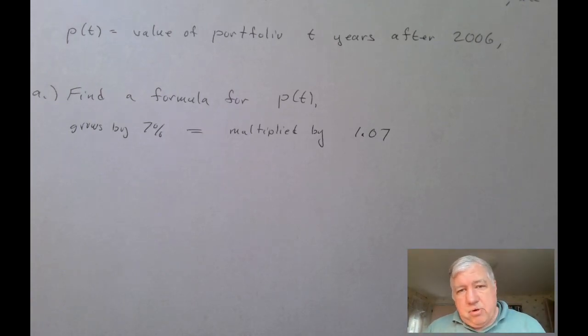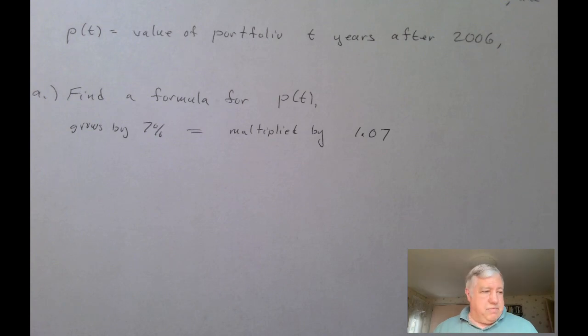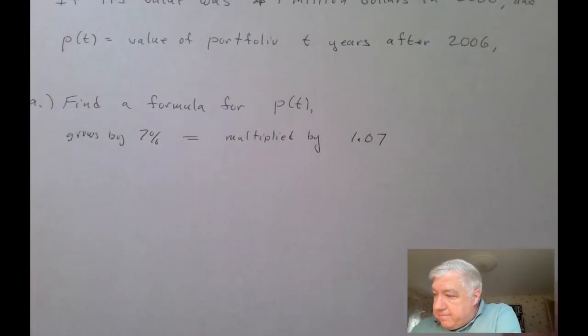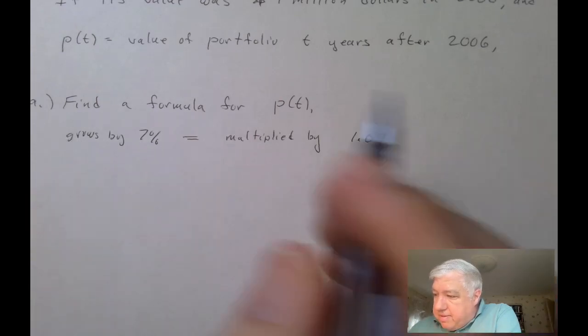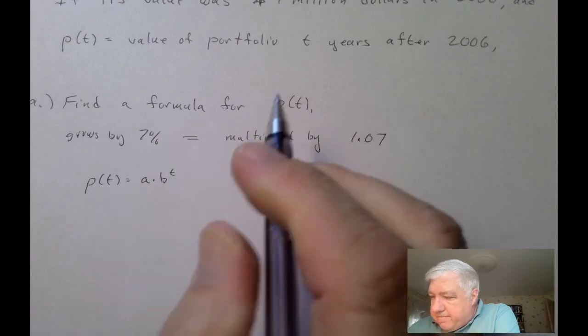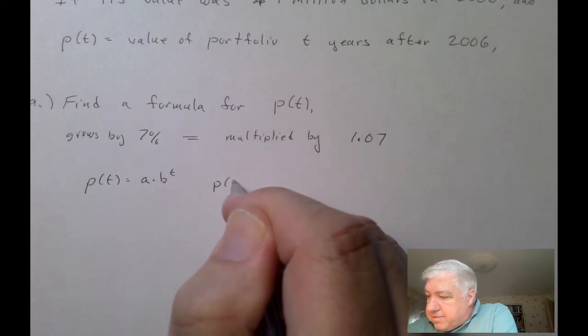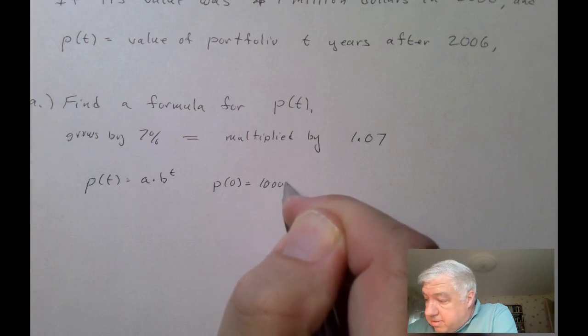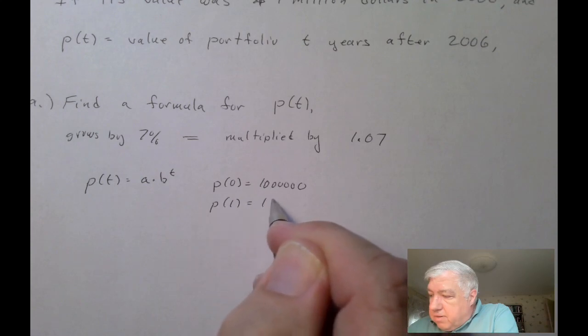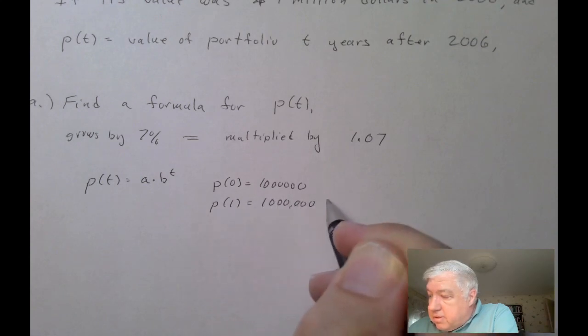So in the previous example, things were being multiplied by 2 every 6 years. In this example, we're being multiplied by 1.07 every year. And that, in a way, is going to make things a little easier, because then P of T, well, we can still say that P of T is in the form of A times B to the T, where P of 0 would be 1 million, and then P of 1 would be 1 million times 1.07.